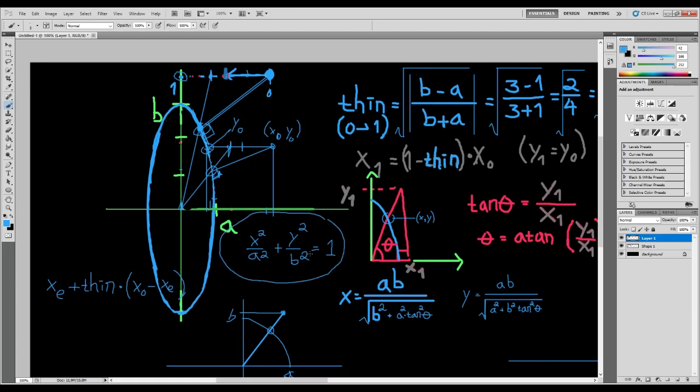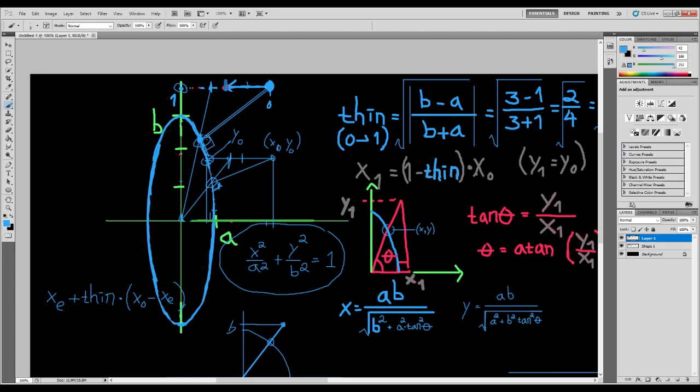So you plug in the y, and you have the a and b values, and you get the x value. And then we call this x ellipse or something, and plus the thinness of the ellipse times the xo minus xe. This is when we calculate for the first quadrant, the x and y being positive, but it's pretty obvious how to do it otherwise as well.